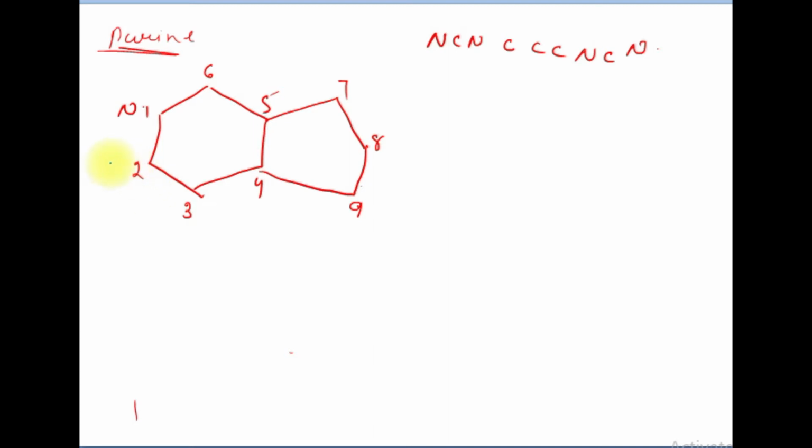In the second position, carbon. In the third position, nitrogen. In the fourth, fifth and sixth positions, carbon. In the seventh position, nitrogen. In the eighth position, carbon. And in the ninth position, nitrogen.